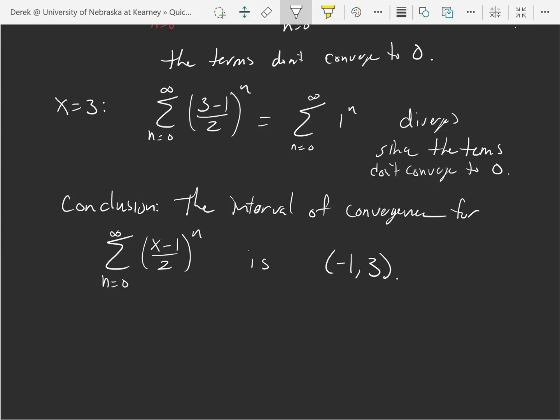Anything inside that interval will converge by the root test. The endpoints don't converge because we tested them individually, and outside the closed interval they don't converge because of the root test again.